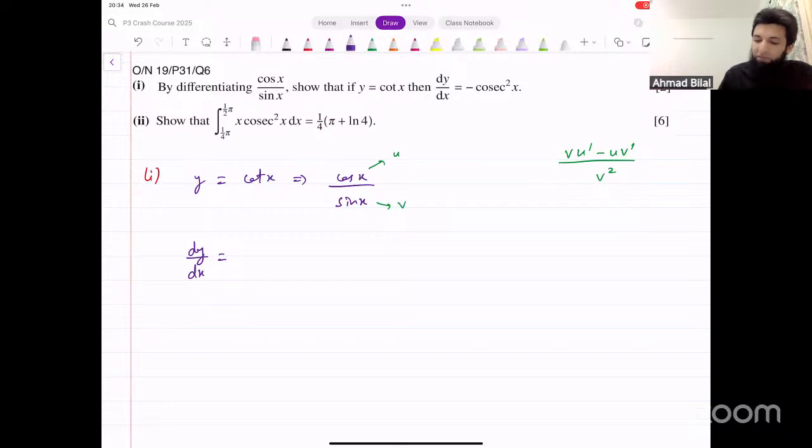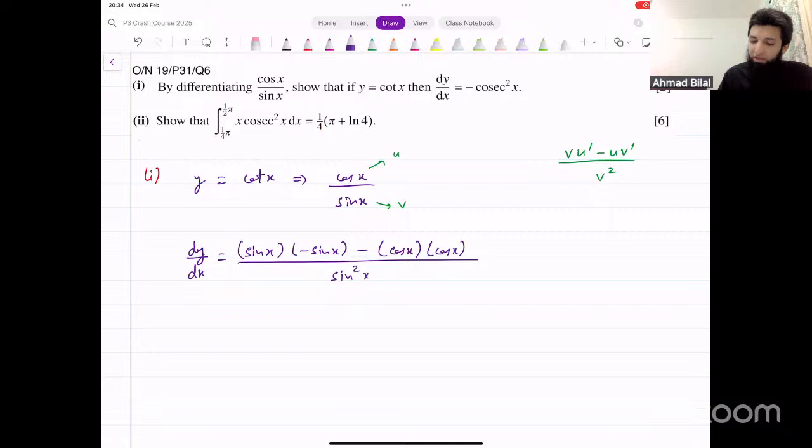Vu dash, v as it is, that means sin x as it is, into u dash, derivative of cos. What's that? That's minus sin. Minus uv dash, that means u as it is, cos x as it is, into derivative of v, derivative of sin is cos x, divided by v squared, that is sin square x.